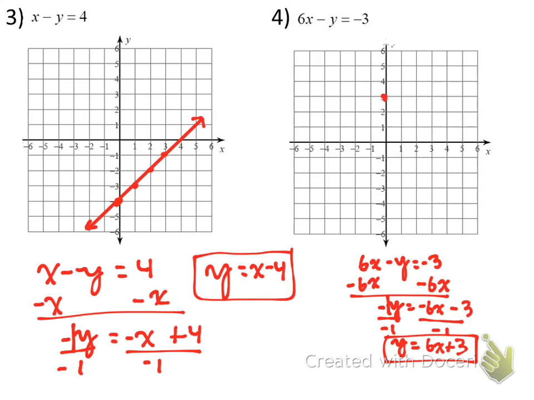Plot the y-intercept at 3. So right there, and then you look at your slope. It's going to be 6, so it's like 6 over 1. So you go up 6. I ran out of graph paper here, but it's about up here someplace. Okay, and then there would be a point up here.